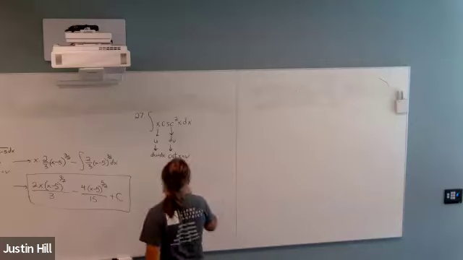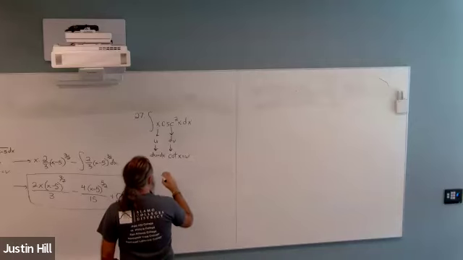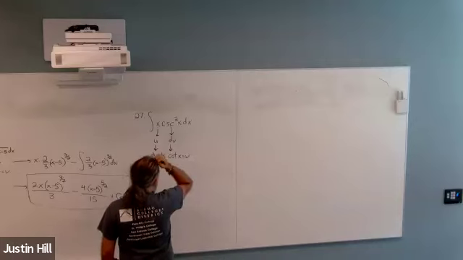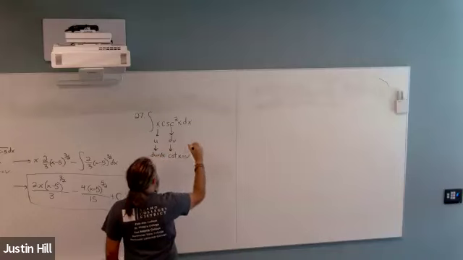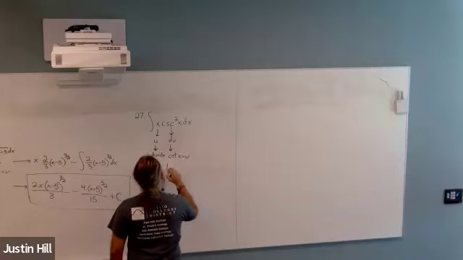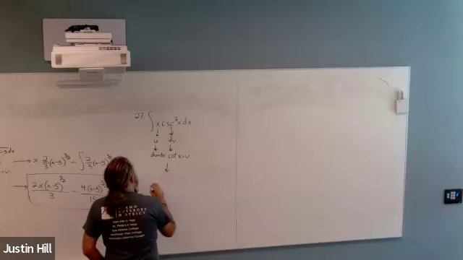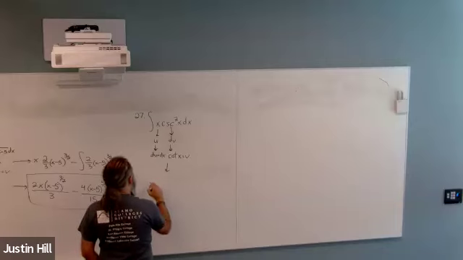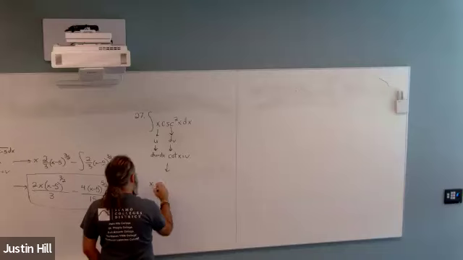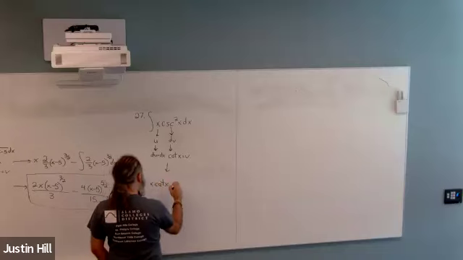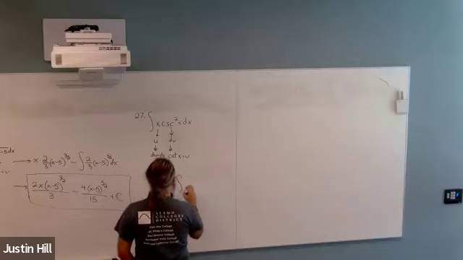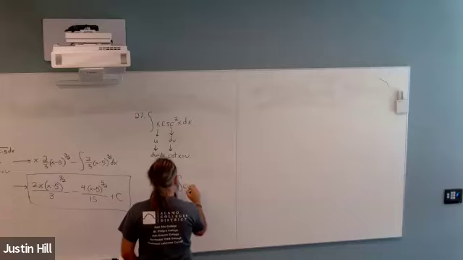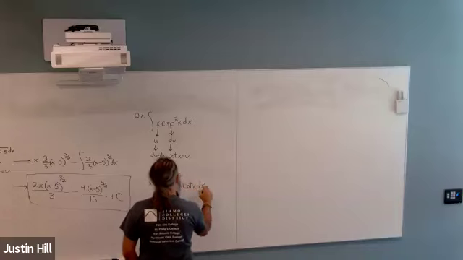So we're putting it together. This is going to be x cotangent x minus the integral of cotangent x dx.